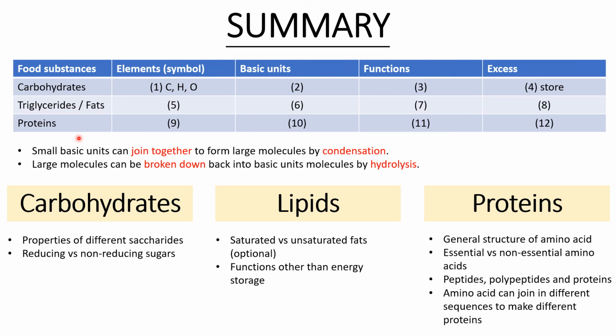呢3種 food substance 共通點就係大家都好大，而且 made up of 一啲 small basic unit。嗰啲 small basic unit 可以 rejoin to large ones，large molecules 可以 broken down into small ones。但係每一隻 food substance 有佢自己獨特要讀嘅嘢，例如 carbohydrates 嘅 mono、di、polysaccharide 同 function，以及 reducing versus non-reducing。Lipids 會分飽和脂肪 saturated fats 同非飽和脂肪 unsaturated fats. There is a page of notes specific for that.